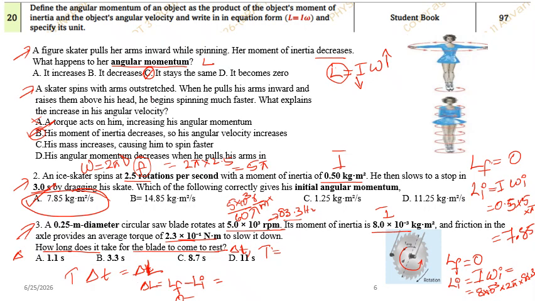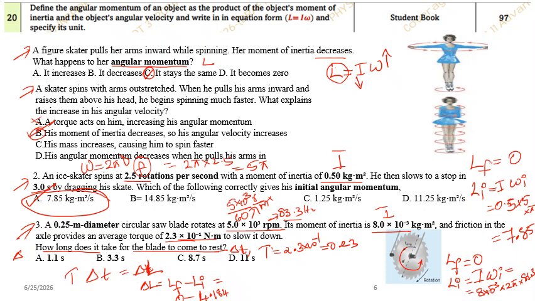So I'm getting the initial angular momentum as 4.184. Now the torque is mentioned over here. How much will it be? It will be 2.3 into 10 to the power minus 1. Means 10 to the power minus 1, I can very well write it as 0.23.